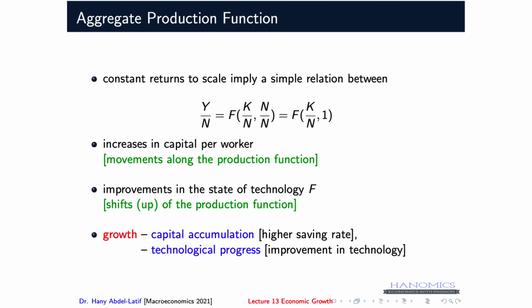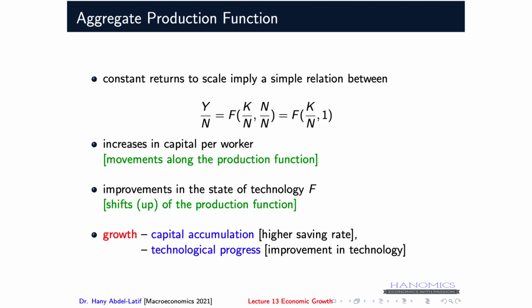So the first half, what we discussed in detail, is the relationship between output and capital, and how capital accumulation can increase output and output per worker, and how a higher saving rate implies a higher steady state level. That means we will enjoy a period of economic growth until the economy reaches that higher point.